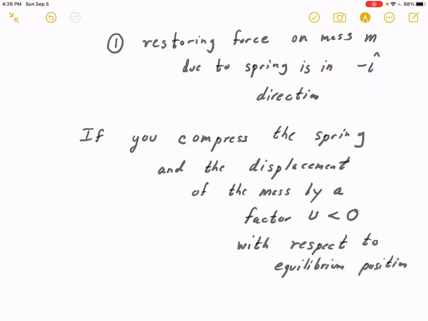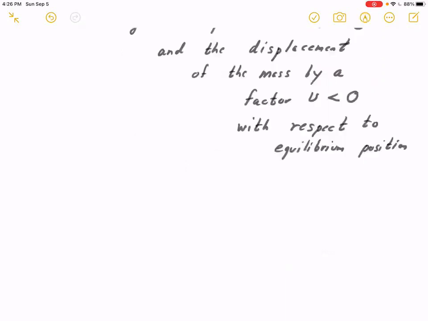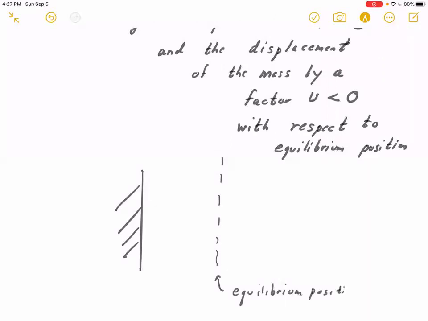So let's draw a picture of what's going on here. There's my wall. I probably should put my equilibrium position in first. A dotted line. And now what I've done is compress the spring. So in fact, u is negative.